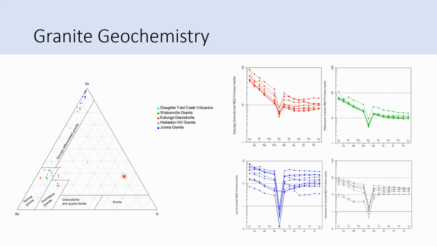The other thing to notice is that the fractionated granites tend to have a fairly flat REE fractionation pattern and a very high negative europium anomaly compared to normal granite and felsic units. We tend to see this high negative europium anomaly in other tin fields as well.